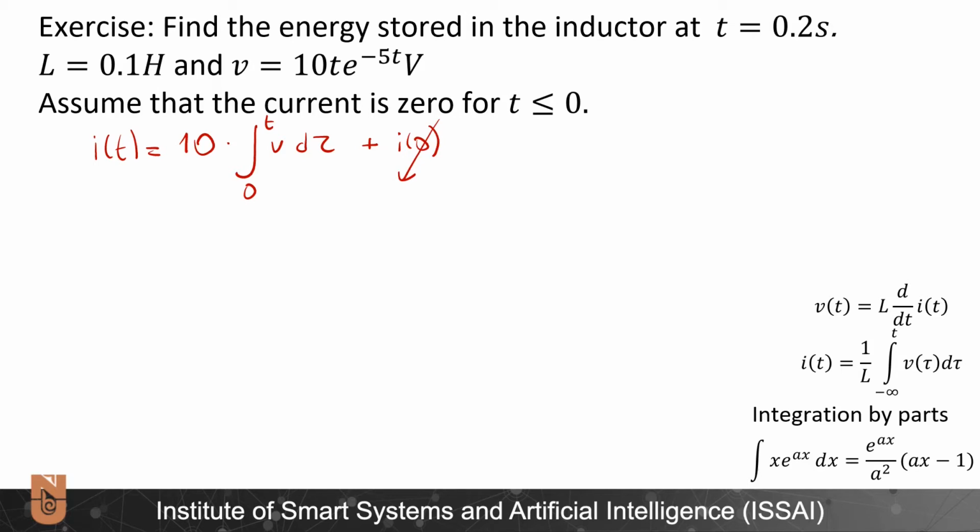But I know that i0 is equal to 0. So I will simply take this integral, 10 times integral 0 to t, 10t times e to the minus 5t d tau. So instead of t, let us write the dummy variable tau here.